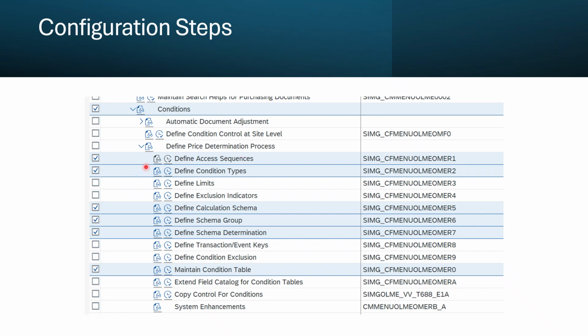The highlighted ones here are the main settings which you have to do to set up the pricing procedure. So we will go one by one through each of these steps or nodes, right?